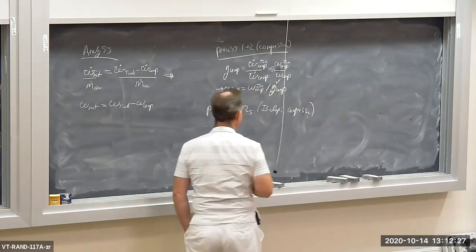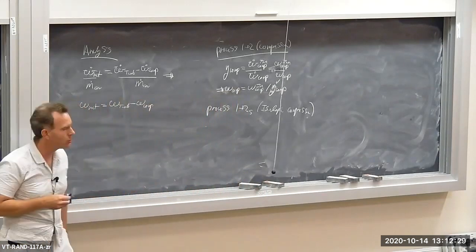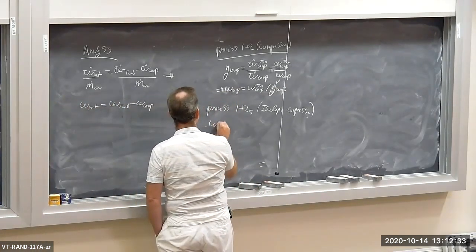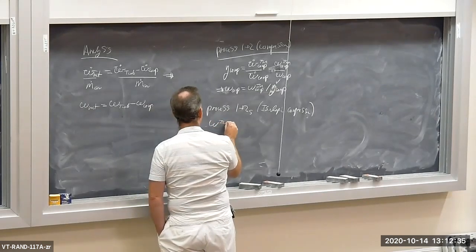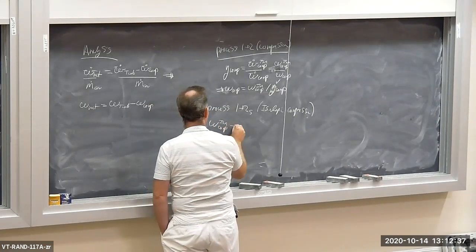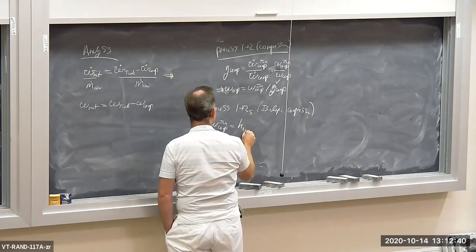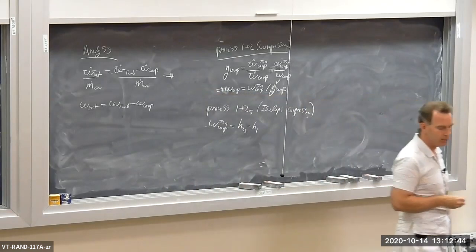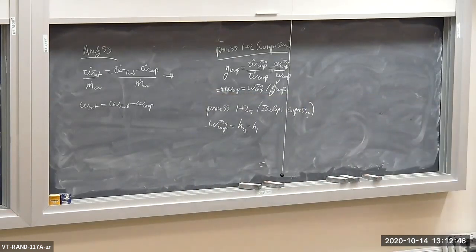So let's look at process 1 to 2s, which is a process for the isentropic compressor. If I apply the energy balance, I get W isentropic compressor is equal to H2s minus H1. That's from the energy balance: no change in kinetic and potential energy, no heat transfer, it's all steady state.